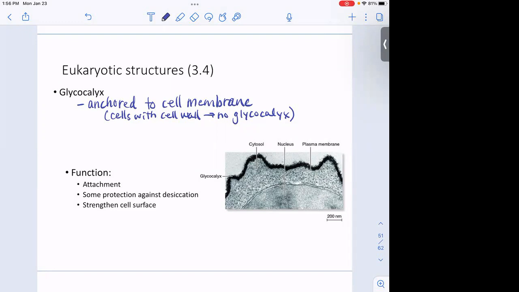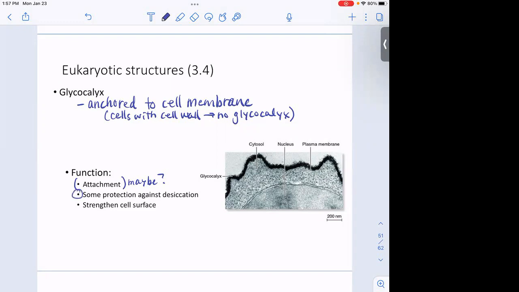This first one, attachment, I could not think of an example of a eukaryotic cell that would need to stick to another eukaryotic cell. So I must have read that somewhere, but I'm going to put that in parentheses. Maybe that was one of the main functions of bacterial glycocalyx or capsule, sticking to some structure or other cell.